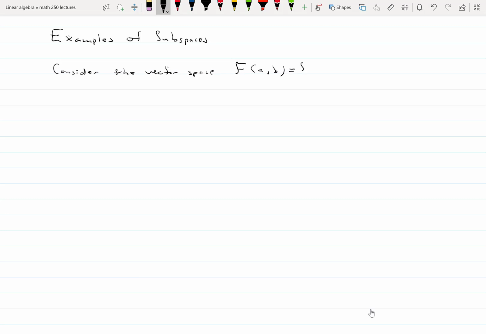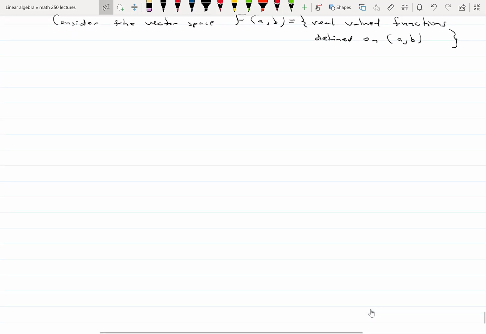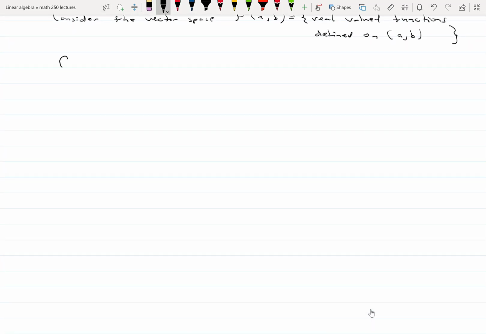This is the set of all real valued functions defined on the open interval from A to B. It's a huge set. We talked about it. Now I want to talk about a subset of F, and I'm going to call it CAB.